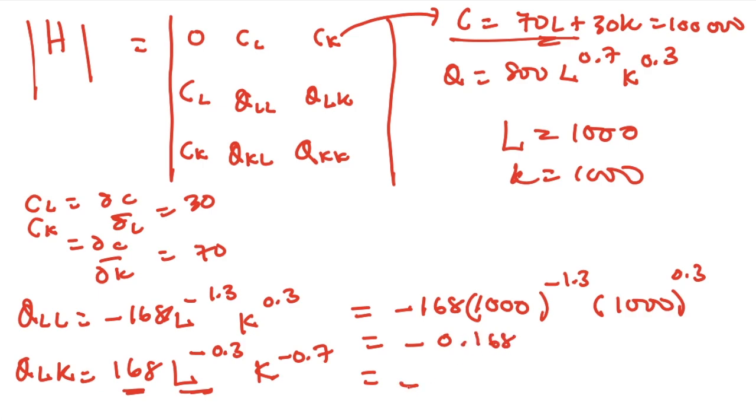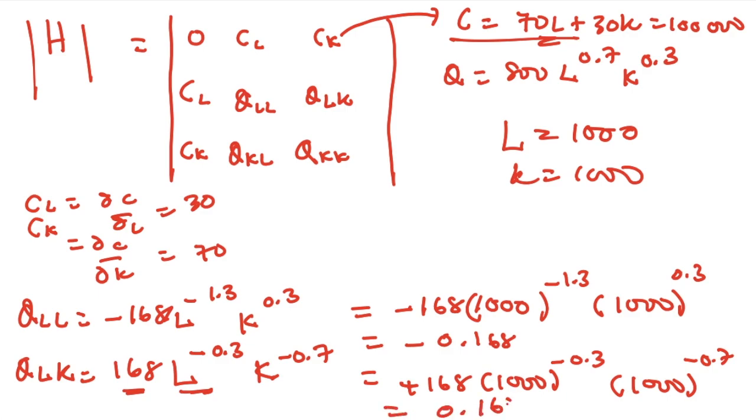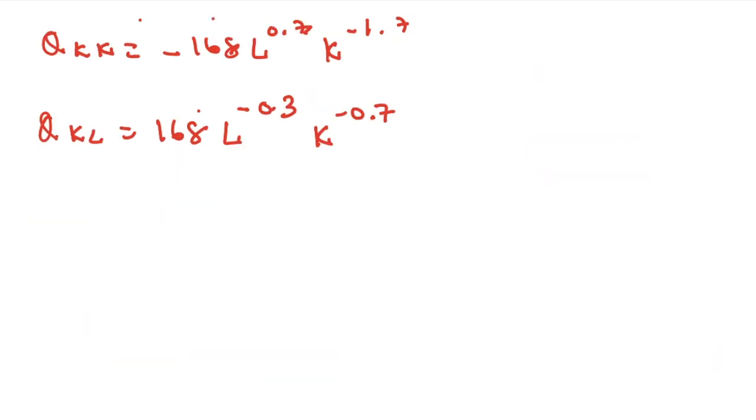You have to show this also. Positive 168 times 1000 to the power of minus 0.3 times 1000 to the power of minus 0.7. What do you get here? You're going to get positive 0.168. Same goes to this.